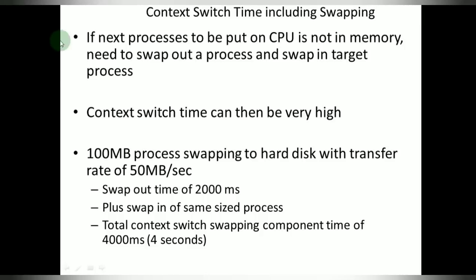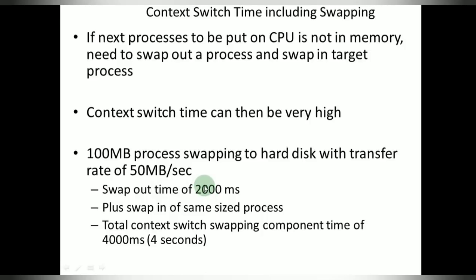Now you can take it here. For example, if a process is of size 100 MB and the hard disk is transferring at the rate of 50 MBps, then to swap out a single process, it is going to take 200 milliseconds.